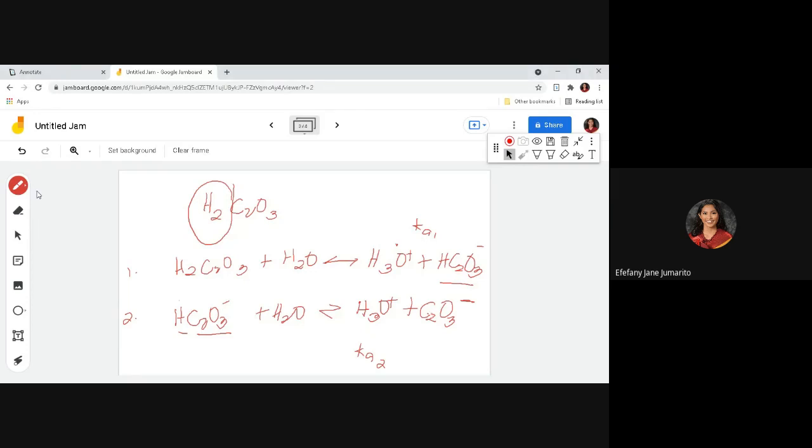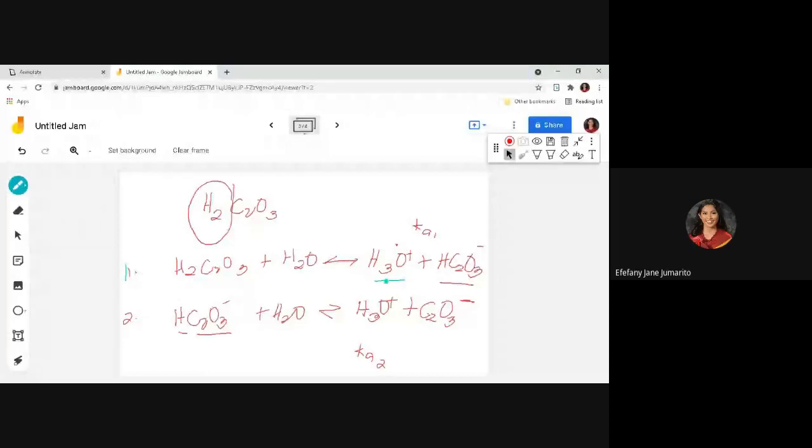Okay, so if I will ask you, what is the conjugate base in ionization 1? H2O. Conjugate base. When we say conjugate, makita na siya sa product side. We have H3O plus and HC2O3 minus.